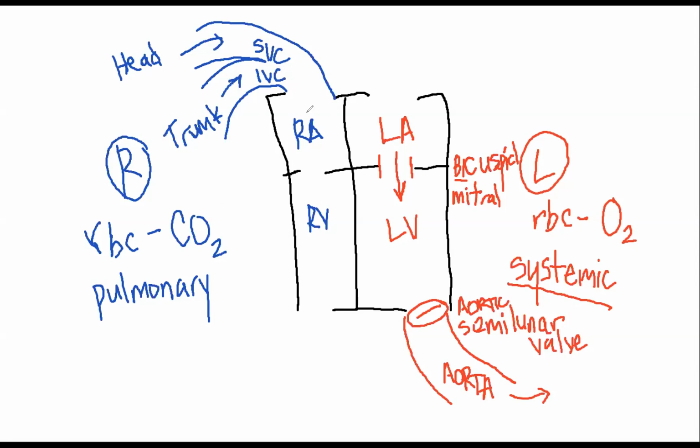And then it just falls into the right atrium. And then it's going to go through three doors. 1, 2, 3. And from the right atrium, it's going to go down through these 3 doors, right ventricle. And lo and behold, if this side's called the bicuspid, this side has 3 doors, that has to be called the tricuspid.